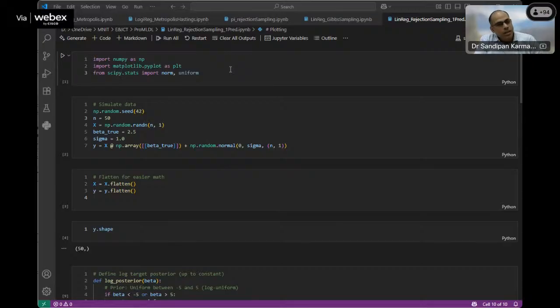See, rejection sampling and importance sampling are very crude ways of doing sampling. So we are generating some samples, right? I have opened the notebook, linear regression rejection sampling underscore one pred.